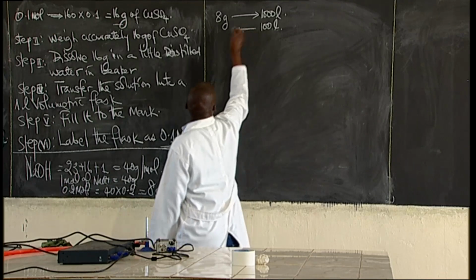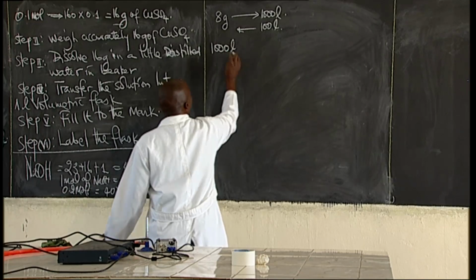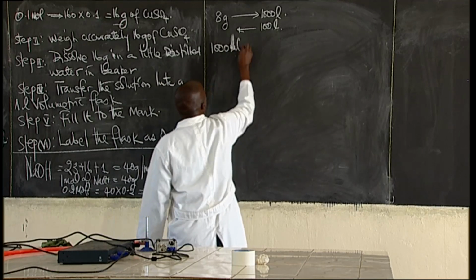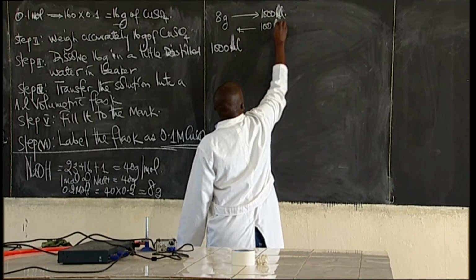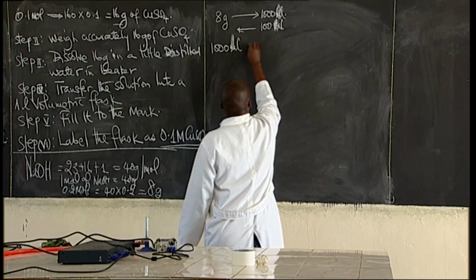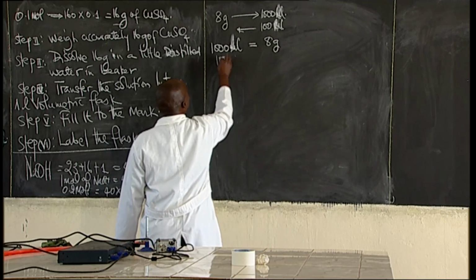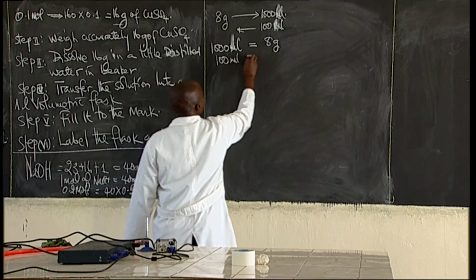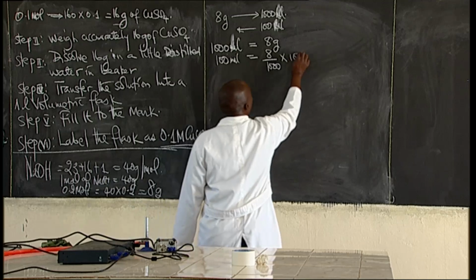So 1,000 milliliters is equivalent to 8 grams. Now 100 milliliters will be equivalent to 8 over 1,000 times 100.